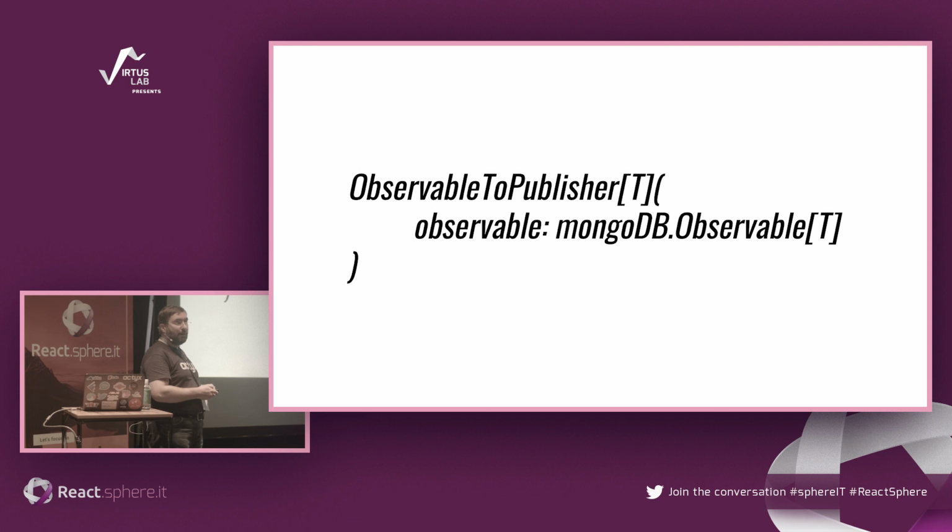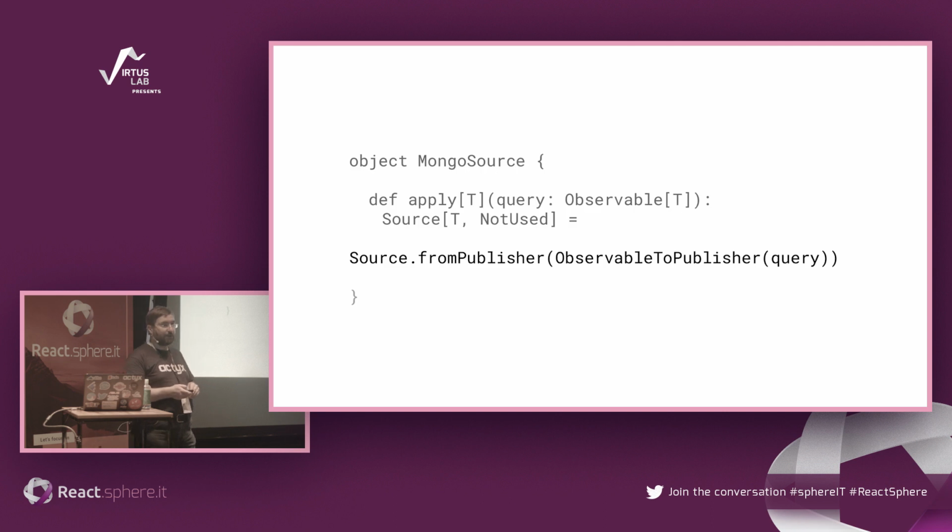Because the Mongo Scala driver actually works on a reactive basis, so it has these abstractions built in, I'm getting the back pressure for free, basically. So this is the code from the connector itself. It just does a conversion, Observable to Publisher.